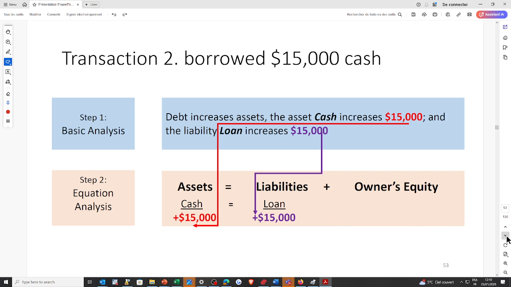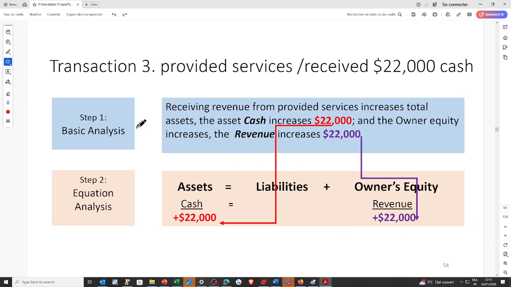We have 7 transactions if I'm not wrong. The company provided the service and received 22,000 cash from a client, right? So now the first step, we will analyze which accounts will be involved in this transaction.